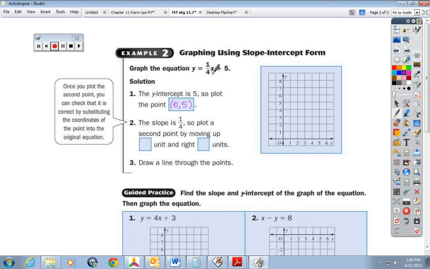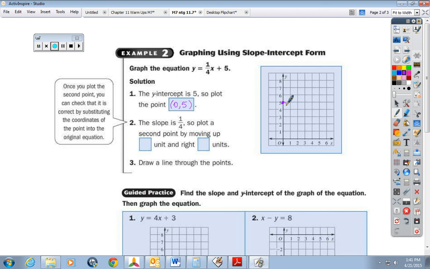So I'm going to start at that point, (0, 5), and put a dot there. Now, from there, I'm going to use the slope to graph. We have a fraction, 1/4, as the slope. What does the numerator represent?